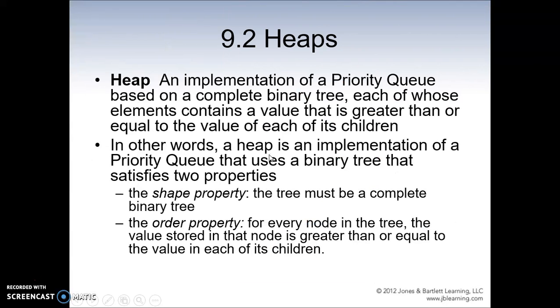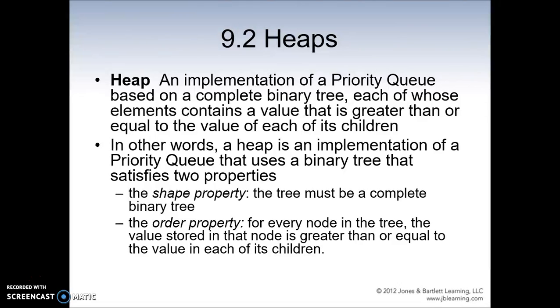Now, also, for a BST, we said left is less than the root and right is greater than the root, right? Left is less than or equal to the root. But for a heap, the value is greater than or equal to the value of each of its children. So that means the top is higher than the bottom instead, right?